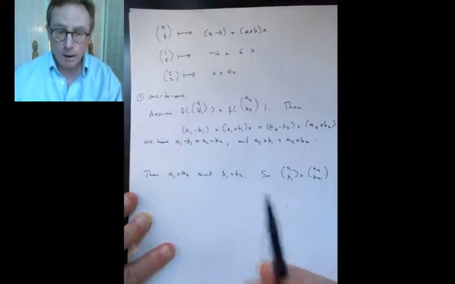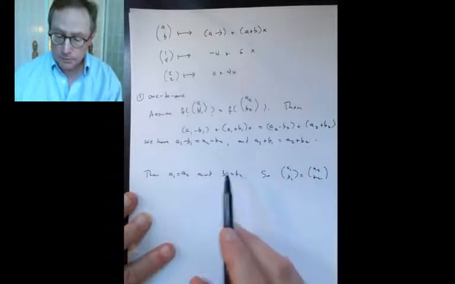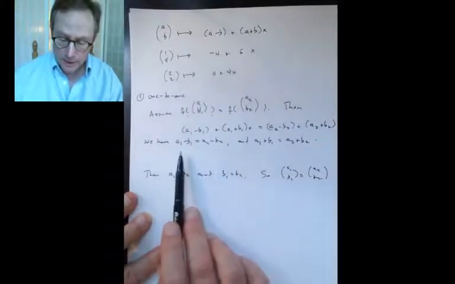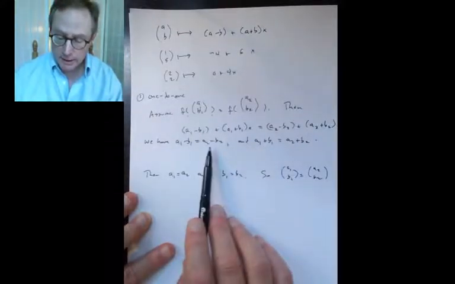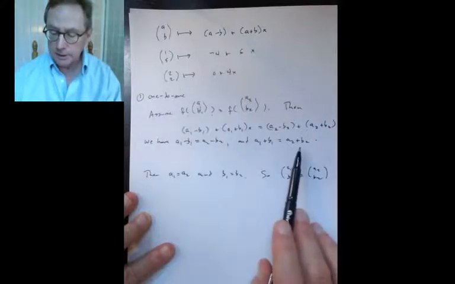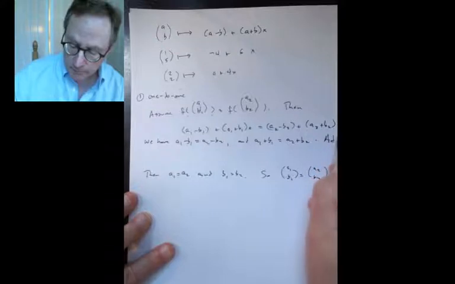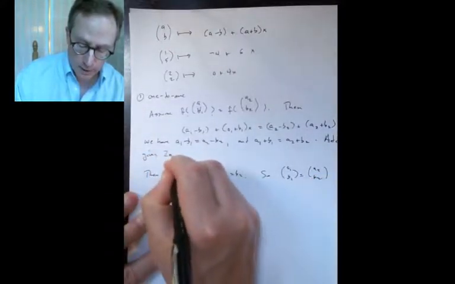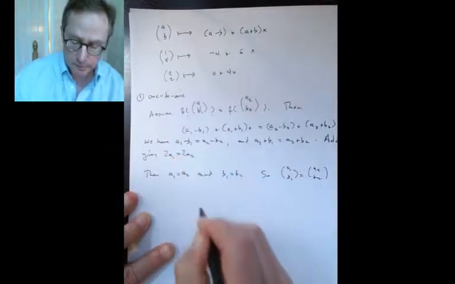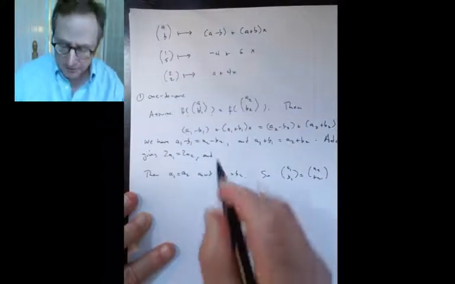Well, there's a variety of things a person could do. A person could set up some linear systems, but personally, I would simply add. I would take the left-hand sides, a1 minus b1 and a1 plus b1, and add them to get 2a1, and I would take the right-hand sides, a2 minus b2 and a2 plus b2, and add them to get 2a2. So adding gives 2a1 equals 2a2. And can you see that subtracting will give?